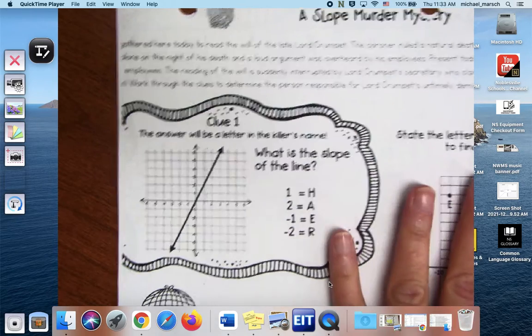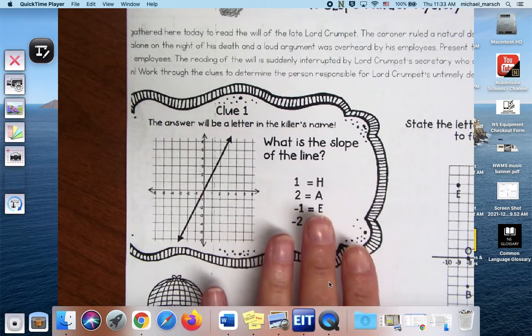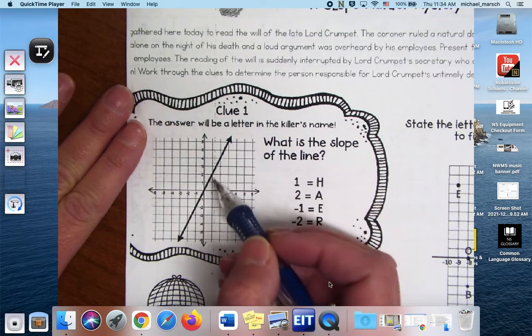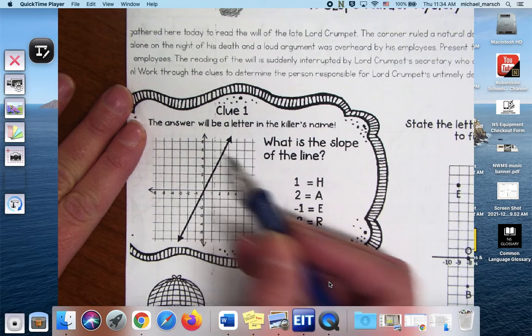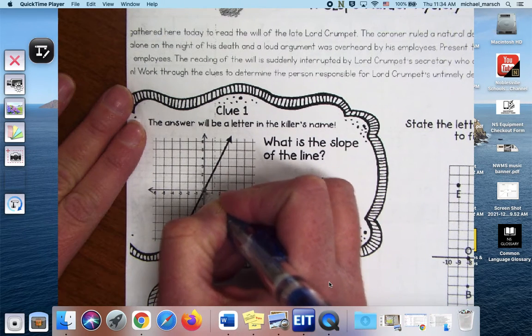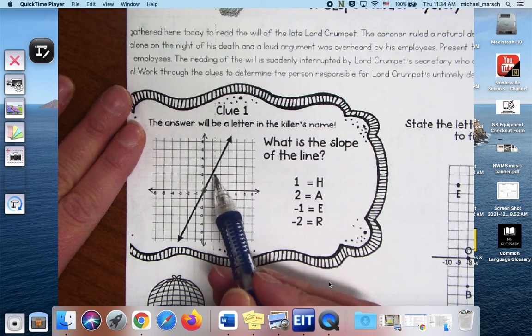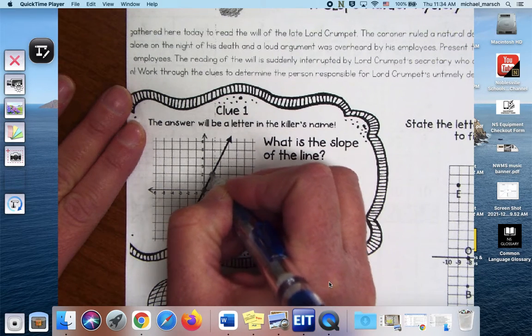So for number 1, we have a graph here, but there's no points, right? So I know in the video they explained to you how to put points on the graph, but in case you've forgotten, you look for perfect intersections. So I'm going to use the origin because that happens to be a perfect intersection. And then I'm going to use this point here because this happens to be a perfect intersection.